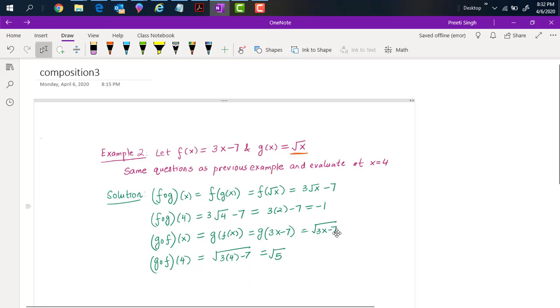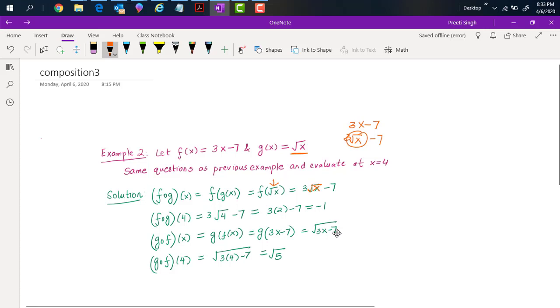So f of square root of x, where is my x? What does my f do? F is basically 3x minus 7. So my new input is square root of x right here, which becomes 3 square root of x minus 7. So instead of 3x minus 7, it's 3 square root of x minus 7, where g of x takes the place of x.